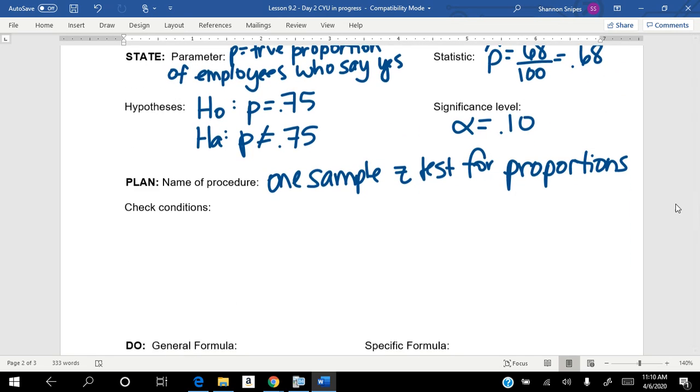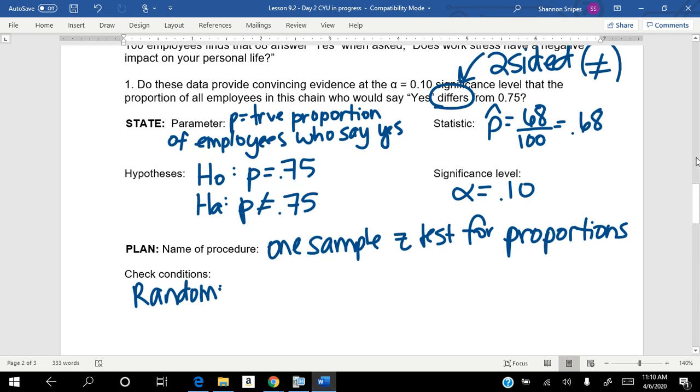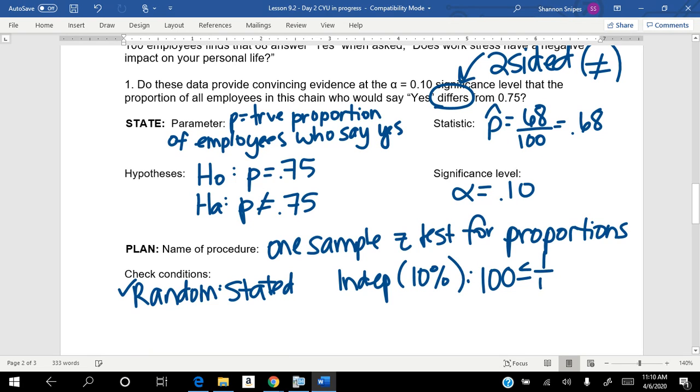And our conditions. All right, so random. Did we have a random sample? Yes, in the reading it says a random sample. So this was stated in the problem. So check. Independence. Remember, that's your 10% condition. Is 100 less than or equal to 1/10 of all employees?